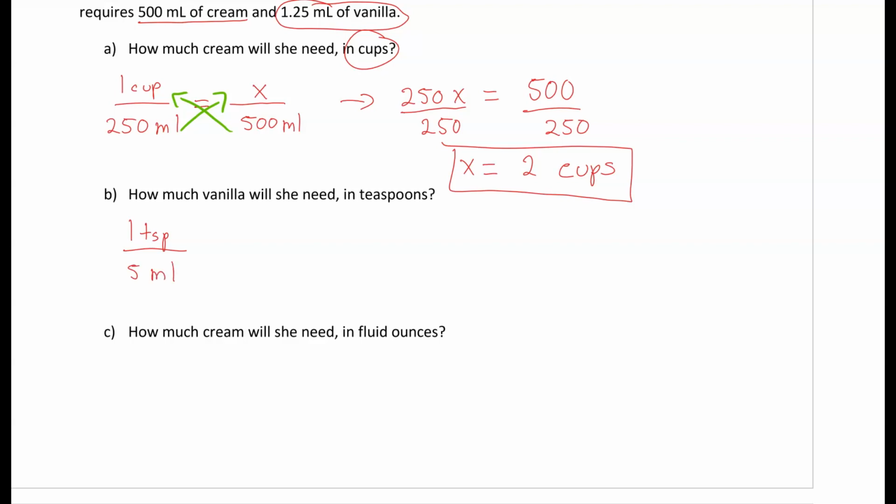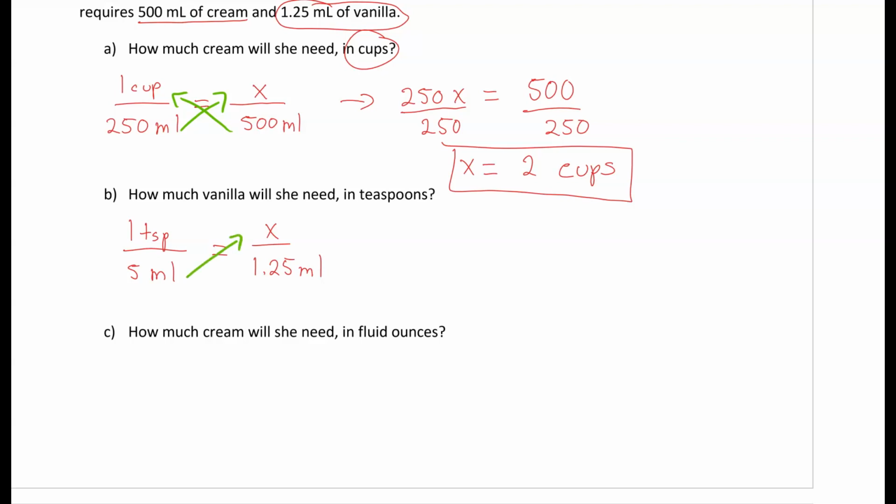So we have teaspoons on top and milliliters on the bottom. We're trying to find out teaspoons, so that's where my x is going. And we want to use the amount of milliliters we have, which is 1.25 milliliters, making sure teaspoons are on top and milliliters are on the bottom.